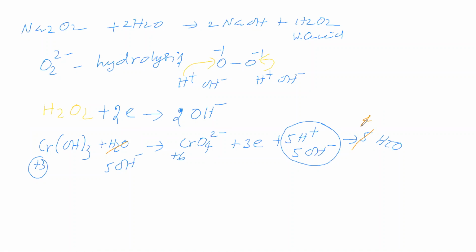So we balance the equation. In the balanced equation, we write this OH minus, and this we write as water. That means 4 water molecules.